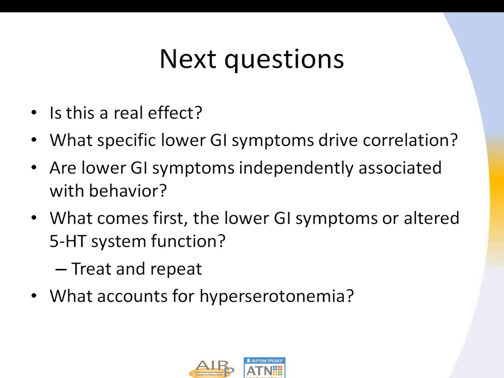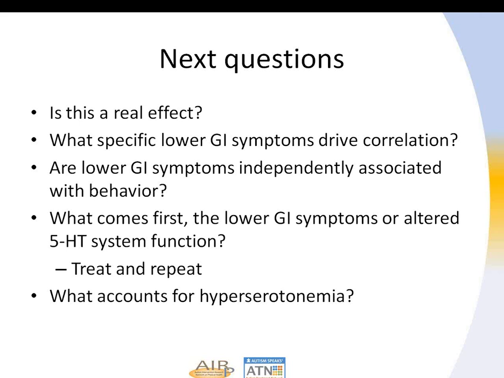So as always, there are lots of questions that come out. The first is, is this something that is real? And that really awaits replication in the second sample, and I'm hopeful that we're able to collaborate with others that are collecting these sorts of carefully ascertained samples of children with autism and GI symptoms and assess whether this relationship really holds up.